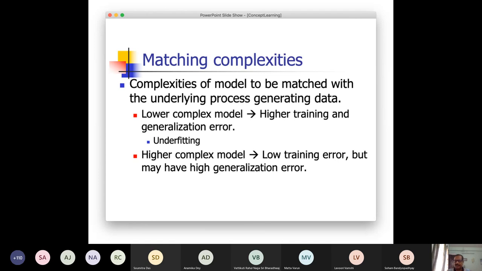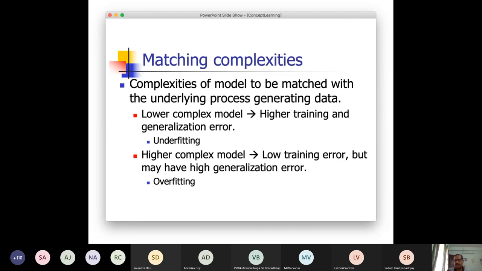But say those 8 points are actually related by a straight line, say in 2 dimensions. Then the model deviates much from the true representation. Though your training error is low there, maybe even 0, you have a very high generalization error because it is not reflecting the true relationships for unseen cases. In that case, we call that situation overfitting.